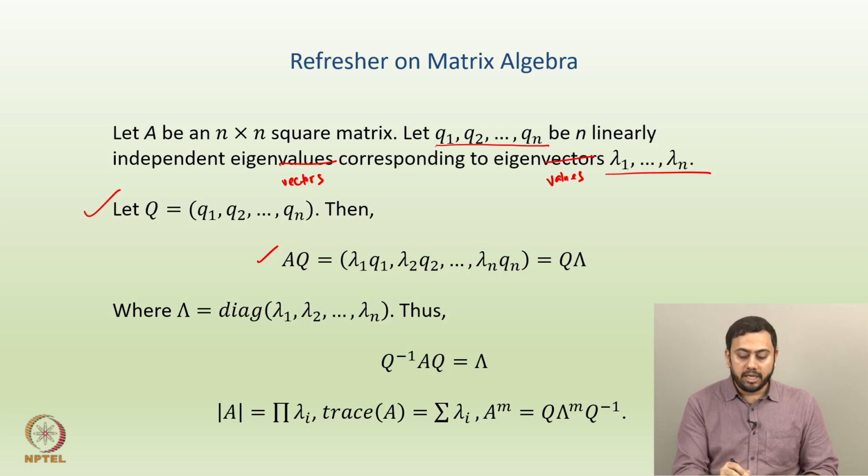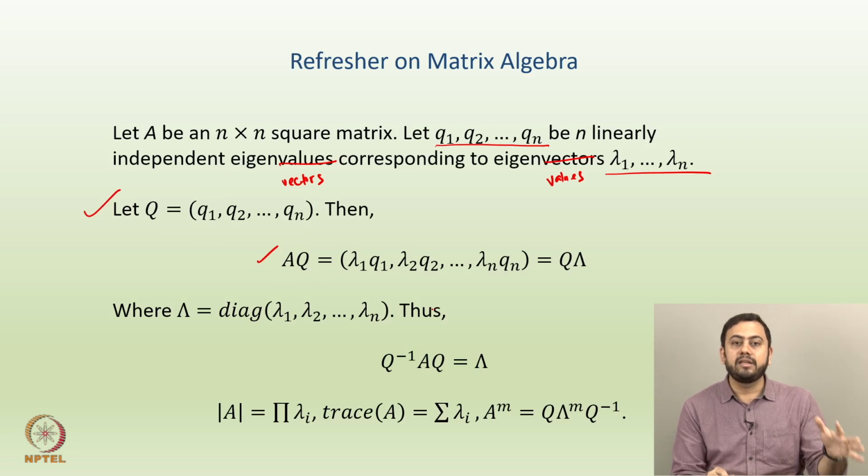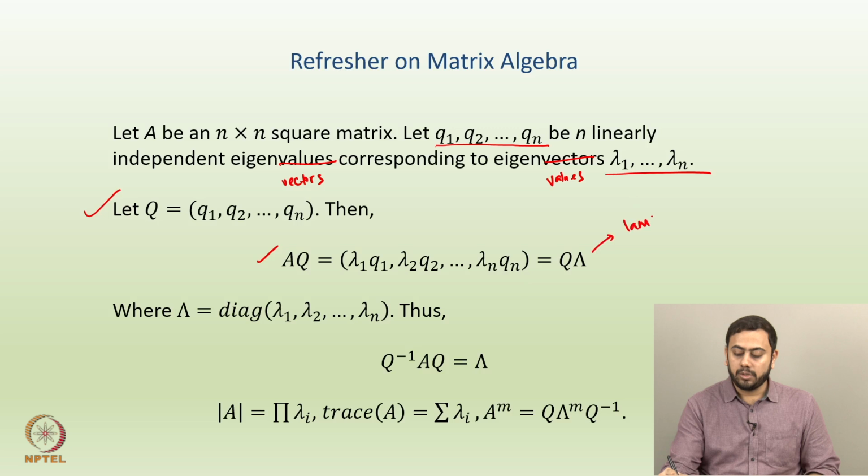To summarize, we started with capital Q containing all the eigenvectors, and A times that collection, AQ, would be the corresponding eigenvalues times the eigenvectors: lambda 1 Q1, lambda 2 Q2 up to lambda n Qn. For this we are giving a different notation. Q is still there because you still have the eigenvectors, and this is capital lambda, a Greek notation which denotes lambda again.